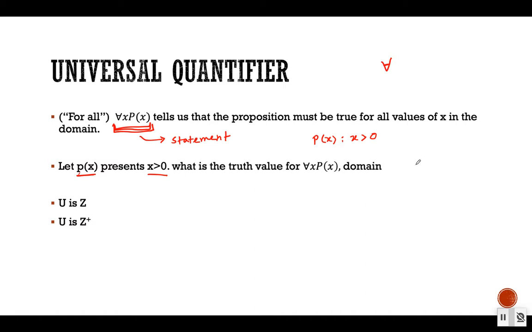So the statement is for all x, P(x). Our domain is all integers, this is our predicate, and this is our quantifier. We are saying that for all x in the domain, P(x) is true, that the predicate is true for all values of x in our domain.